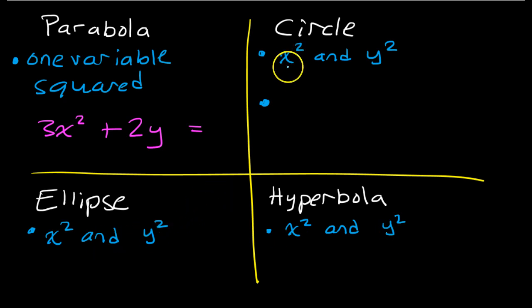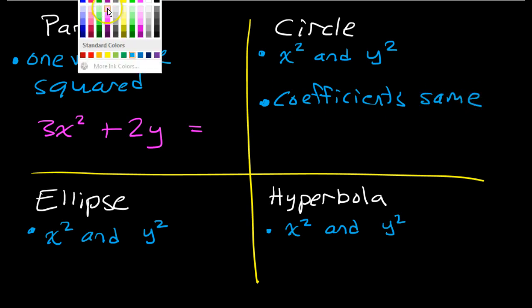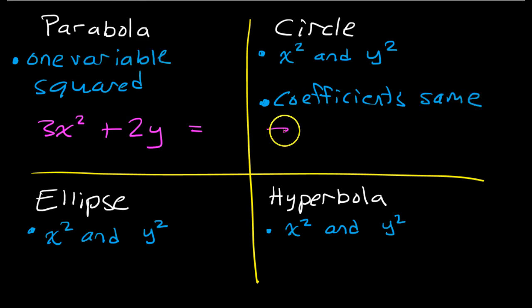For a circle, both coefficients are the same. So for example, if I had 3x squared plus 3y squared, then I would know that I'm looking at a circle.